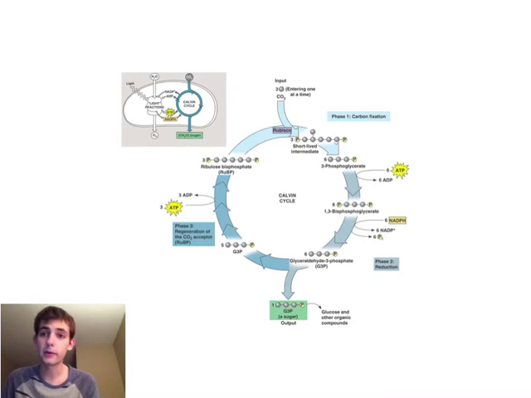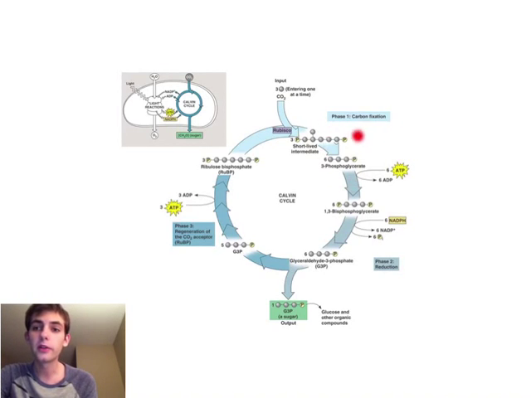So for this last slide, we're going to talk about the Calvin cycle in a little bit more detail. Just to remind you, carbon is going to enter at a given time, and it's going to be accepted by RuBP, and that reaction is catalyzed by Rubisco. That is going to then form 3PG, which stands for 3-phosphoglycerate.